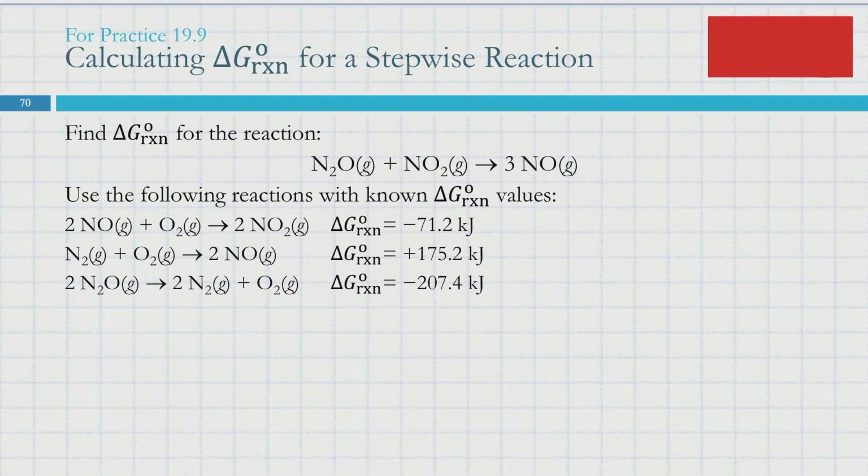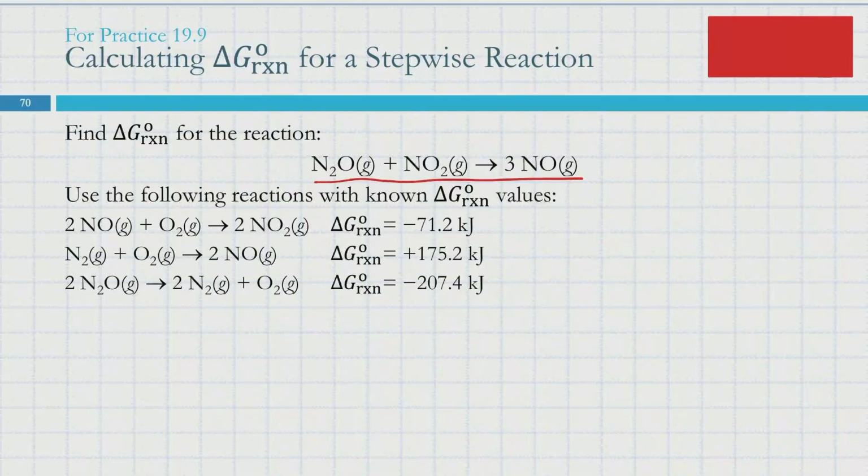All right, so our delta G 0 Rxn for the reaction, we're trying to make this reaction, right, this stuff, red underline, and we've got a couple of reactions that look similar. So we need to flip or multiply these reactions to get this top reaction.